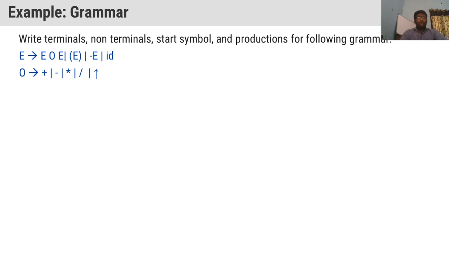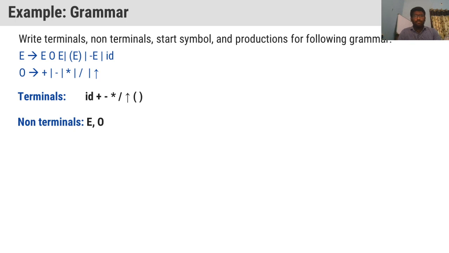So this is how we need to understand the context free grammar. Why are we using context free grammar? We will use this context free grammar while constructing parse trees. That is why we are using this. So what are the terminals? ID, plus, minus, star, slash, upward arrow mark, parenthesis, left parenthesis, right parenthesis, all these are the terminals.